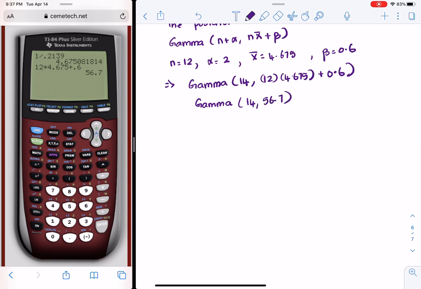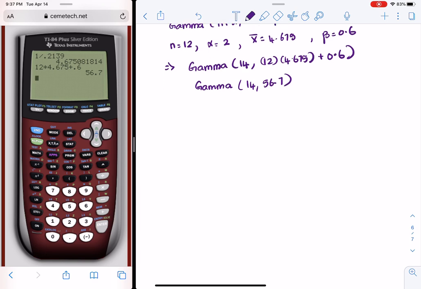So that simply ends up being gamma 14, 56.7.